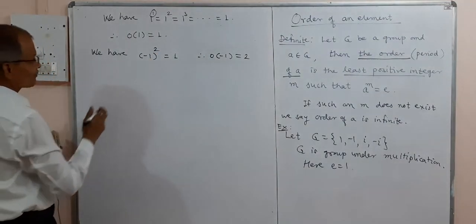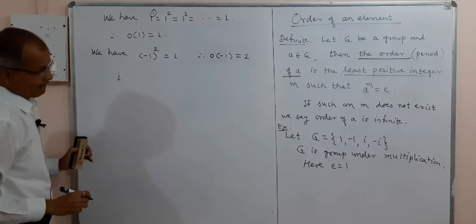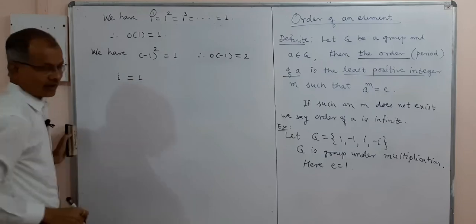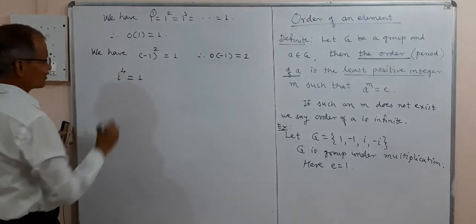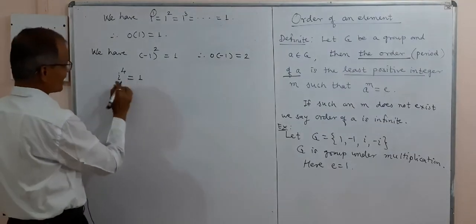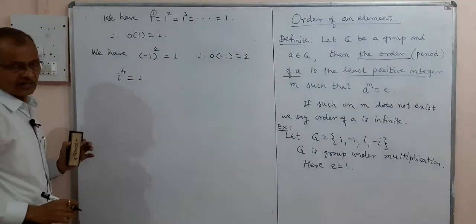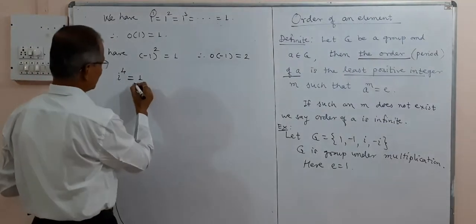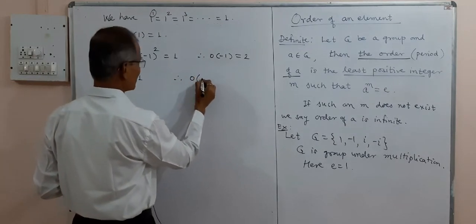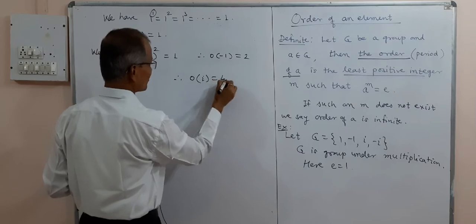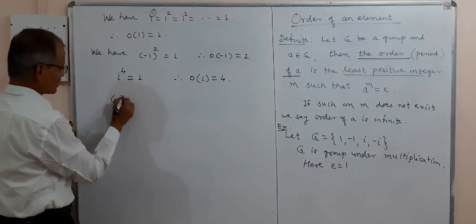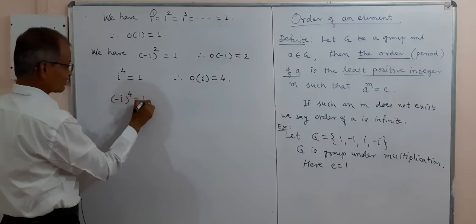And again, what about i? Which power of i is equal to 1? You may check i to the power 4 is equal to 1, since it will be (i squared) squared, which is (minus 1) squared, and that is equal to 1. Therefore this is the minimum power, and the order of i is equal to 4. Similarly, minus i to the power 4 is also equal to 1.